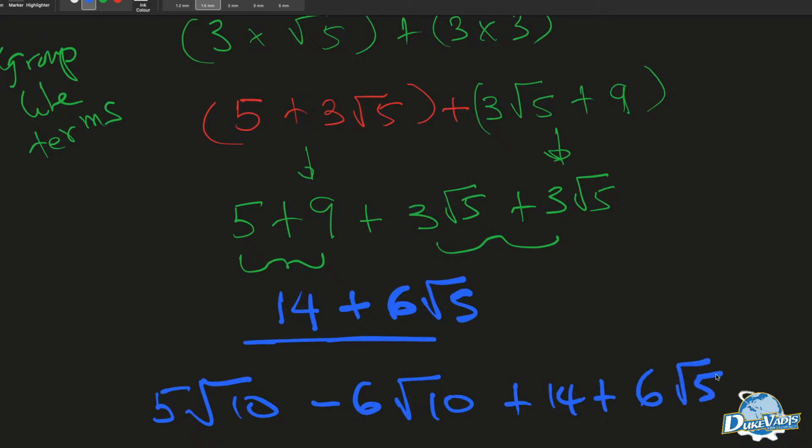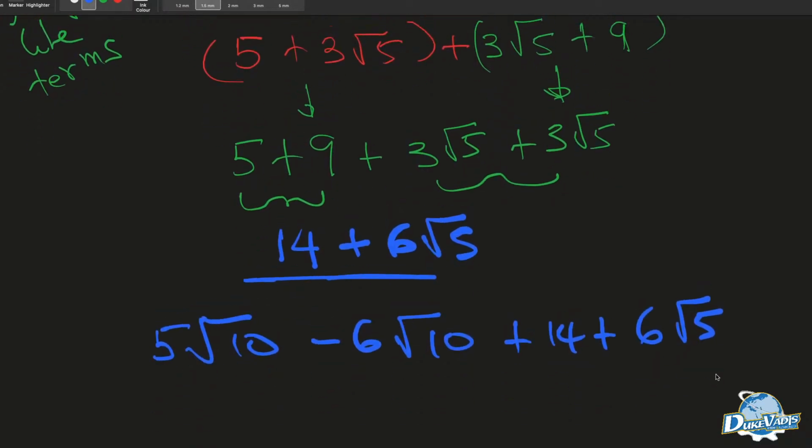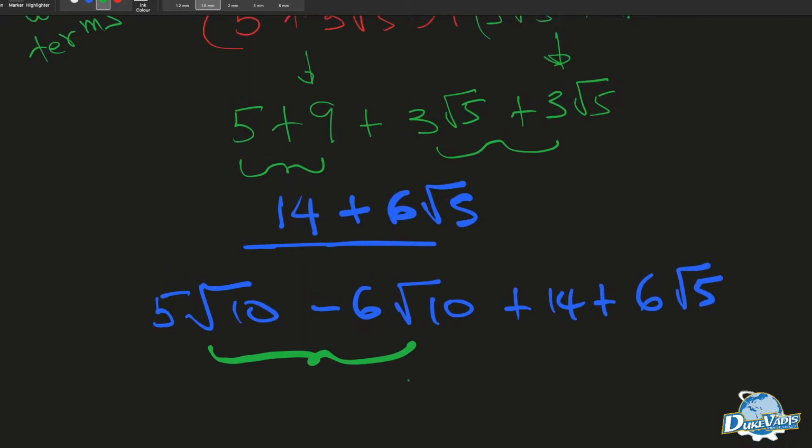So what do we do? If you look at it very carefully, you will see that we can further simplify these two. It will be so easy for us to know 5√10 minus 6√10.